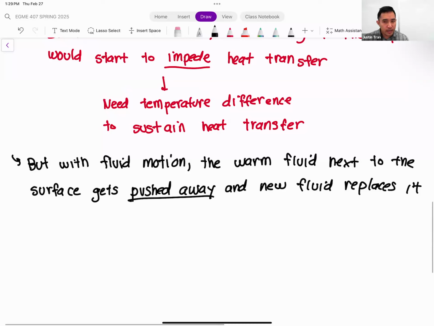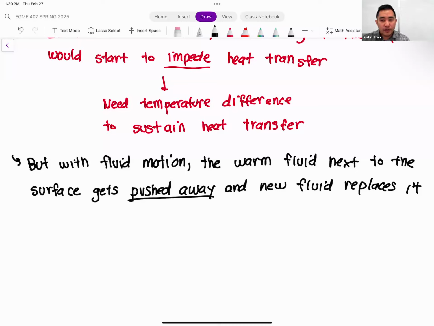And so what we perceive as convection is, some people say, really nothing more than just conduction. It's just that you're always having this fresh stream of cool fluid being pushed near the surface. And so, compared to a stagnant medium where eventually those two things are going to reach equilibrium, in convection it's much more difficult to reach equilibrium because the fluid is constantly being replaced and pushed away.